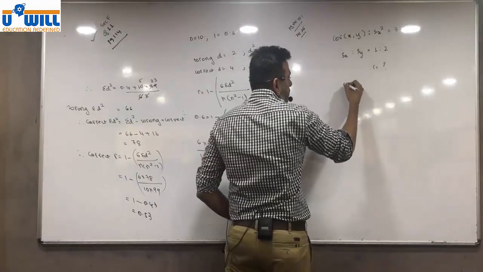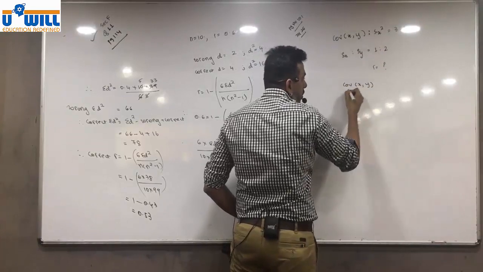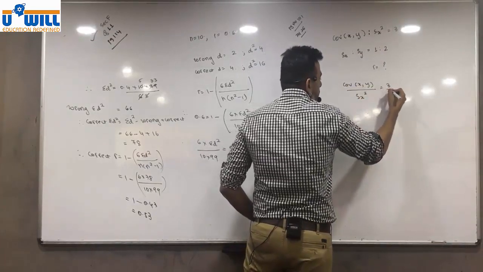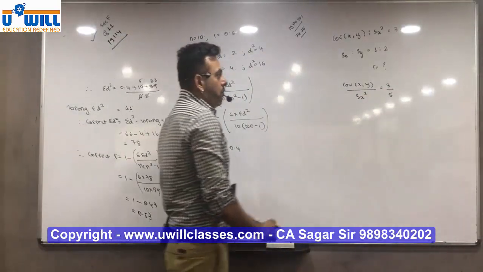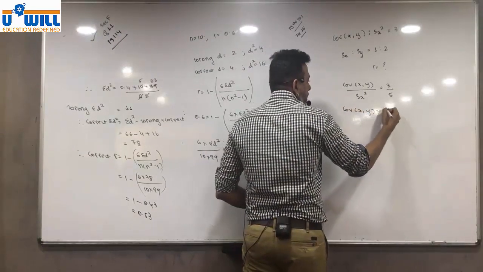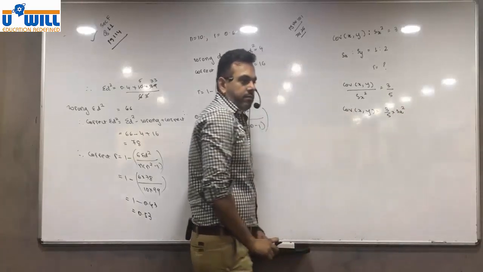Covariance x comma y upon s x square is equal to 3 upon 5. So what is covariance x comma y? Can I say 3 by 5 into standard deviation of x square?